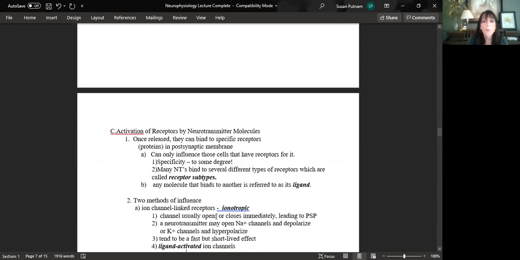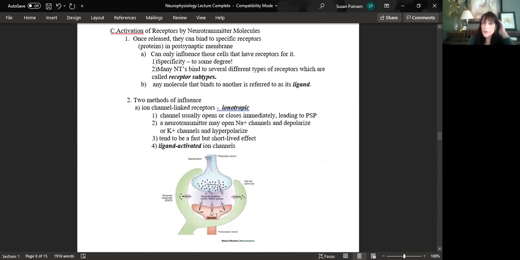So now we're moving on to activation of receptors by neurotransmitter molecules. Sorry, this is a little larger font, but hopefully this will still do the trick for you. So now here I am, a neurotransmitter molecule, released into that synapse. And there is a neuron there with receptors.